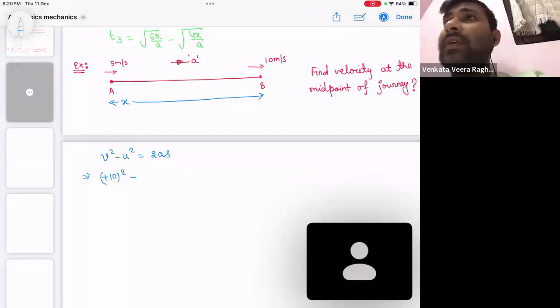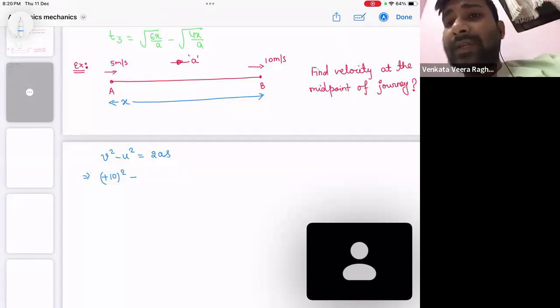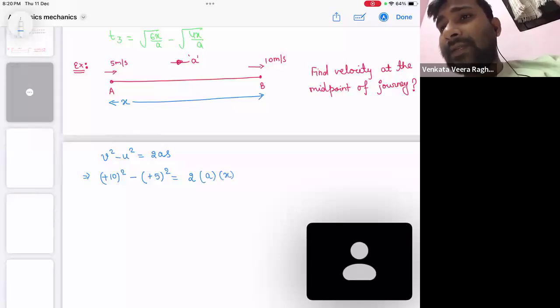But later, when velocity is in one direction and acceleration is in the opposite direction, plus and minus signs will be important. Here I have considered towards right as positive. The final velocity plus 10 square, initial velocity plus 5 square equal to 2 times some acceleration and some displacement. Is this okay?